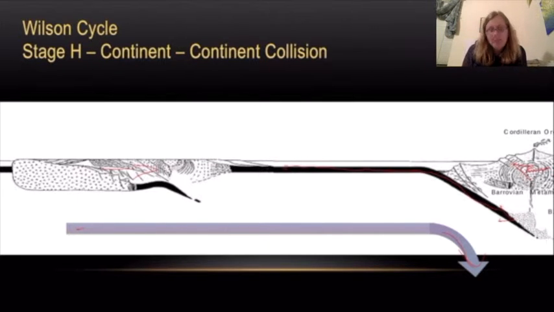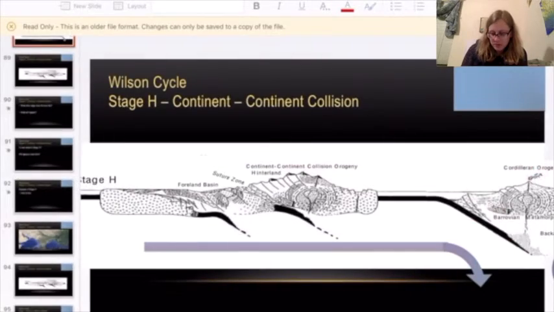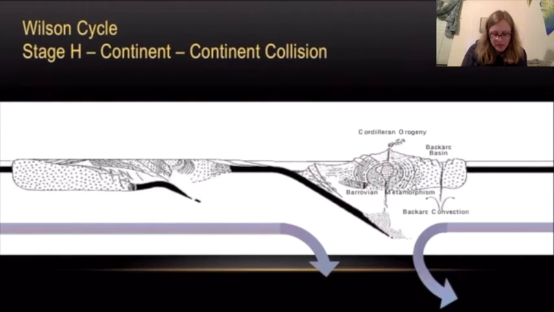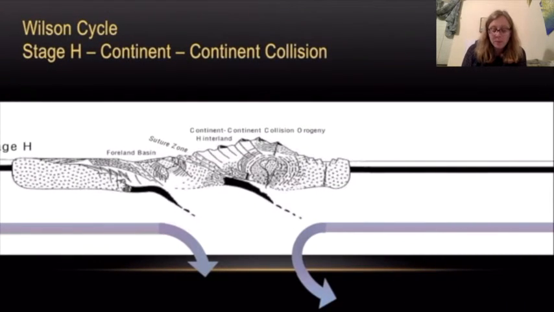It's going to eat and melt down all of that ocean crust. Continue to make more volcanoes, and then that piece of continent on the right hand side is going to become part of the continent on the left hand side. They're going to collide together because these convection currents were pushing them towards one another.